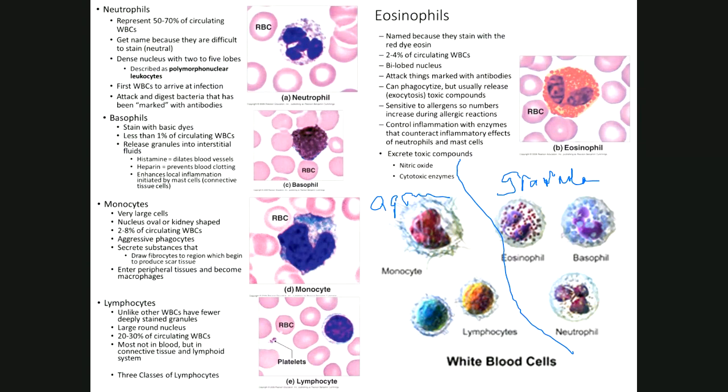The most numerous white blood cell in the blood is the neutrophil. And it's neutral because I guess it had a neutral looking background. It's polymorphonuclear. So that means the nucleus has divided into multiple little bulbs or beads that are kind of interconnected.